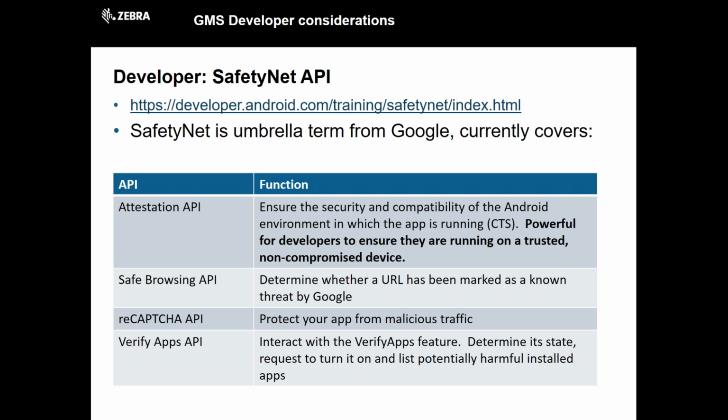So I might have skipped over this. I don't remember saying it on this call. Verify Apps is a feature on GMS devices where you can be sure that the applications installed on the device have gone through Google. Well, Google have not identified them as potentially harmful applications. There's a number of ways Google identify apps as potentially harmful.